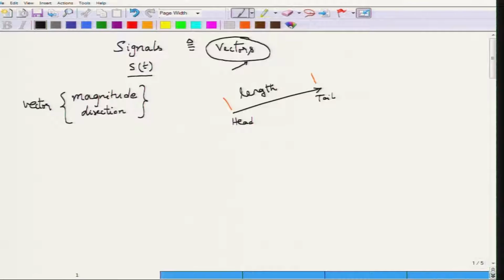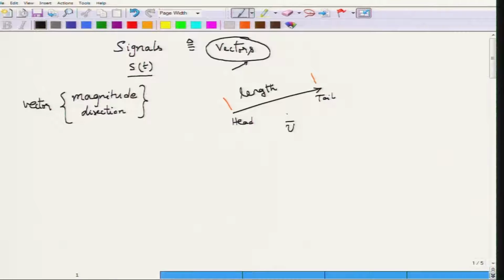Now, we can give a name to our vector. Since we have talked about velocity as one of the vectors, we call this vector V. To distinguish between a scalar and a vector, you put a bar or sometimes an arrow. In print, you would write V in boldface. Just to distinguish that from the scalar, I will be using the bar overhead on a quantity, which then would mean a vector.